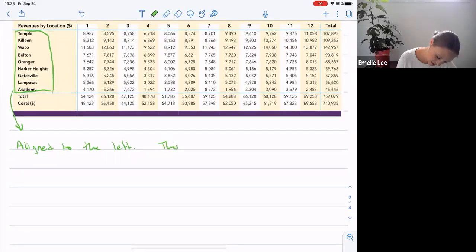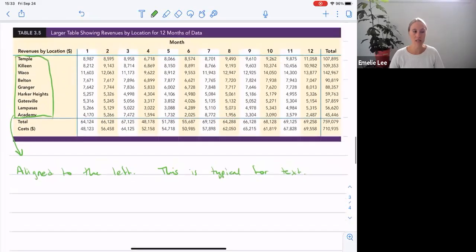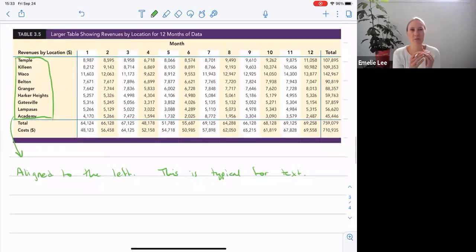This is typical for text, to have it aligned to the left. And remember, this is not one size fits all, but it is a general rule of thumb, and it's going to make your graph or your table look good and readable most of the time.